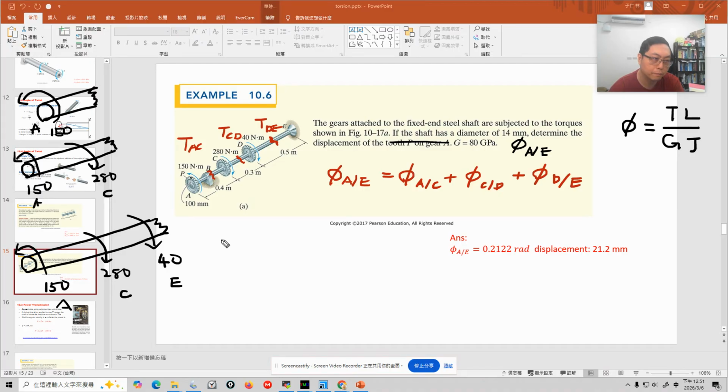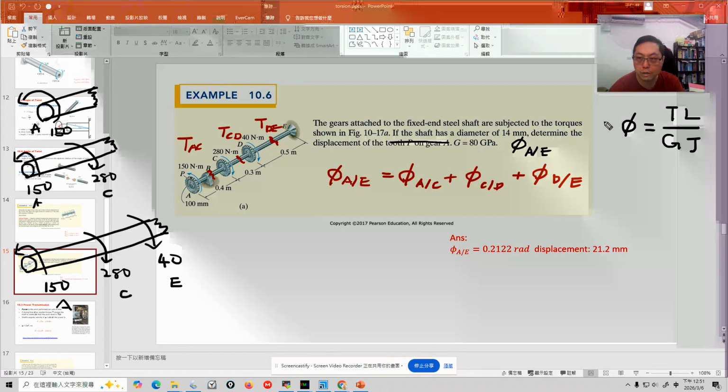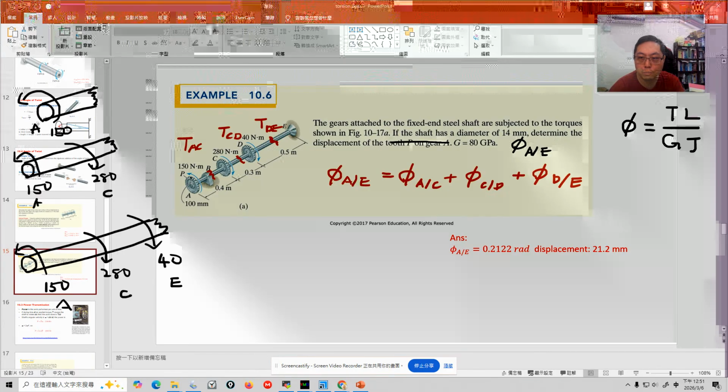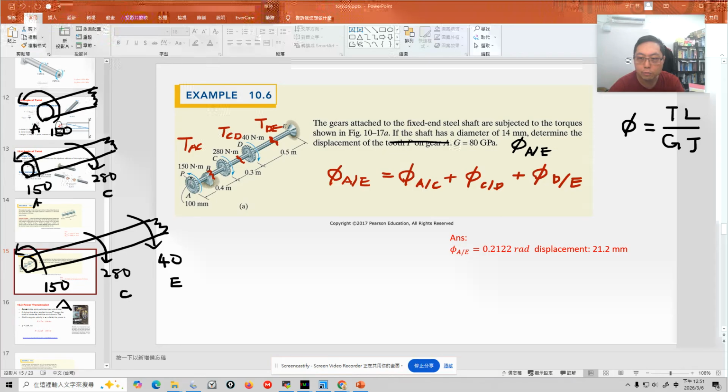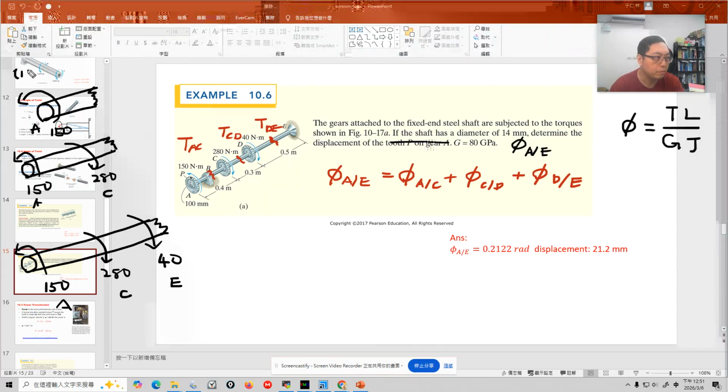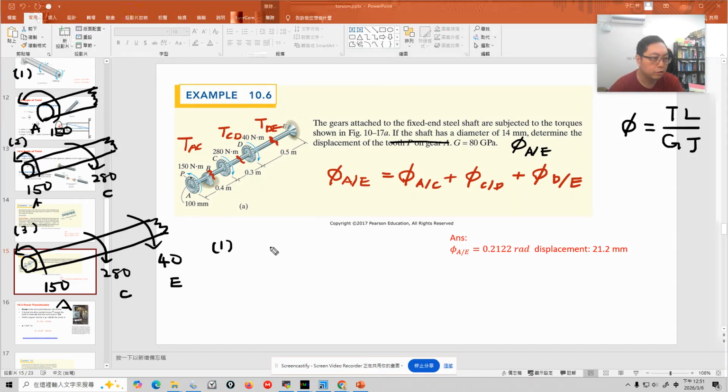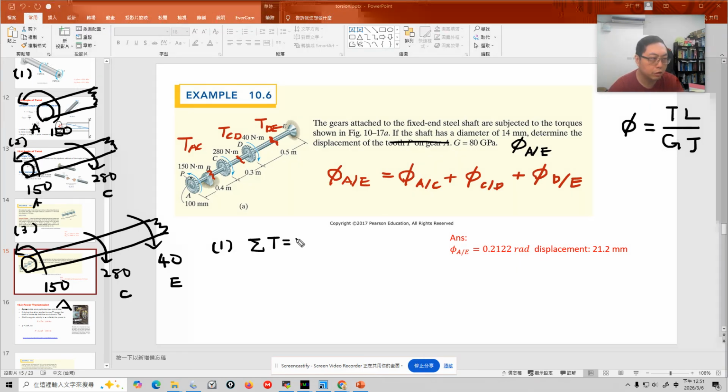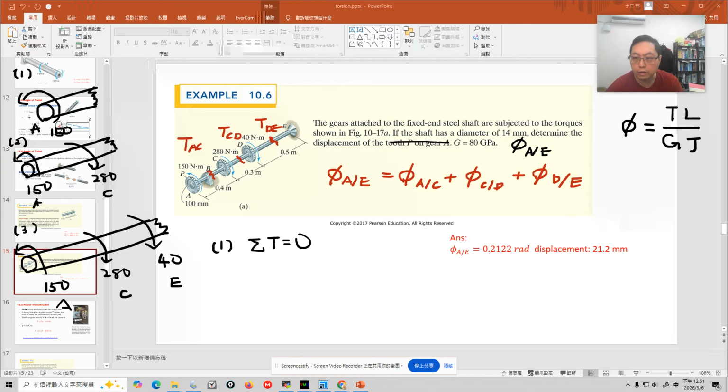When we analyze them, we need rigid body equilibrium. So let's do the analysis on each section; call them 1, 2, and 3. In the first section, the sum of torque equals 0.